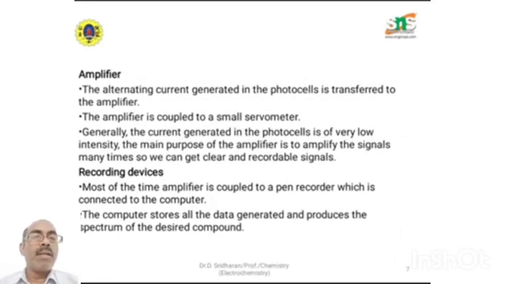Then the amplifier is for tuning up and getting a clear picture about our sample responses regarding the devices. We can get different responses based on our sample and the functional groups.